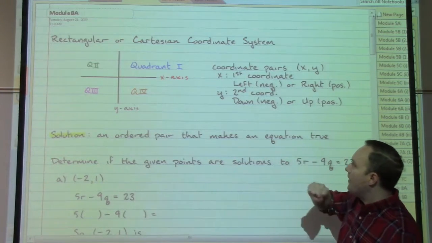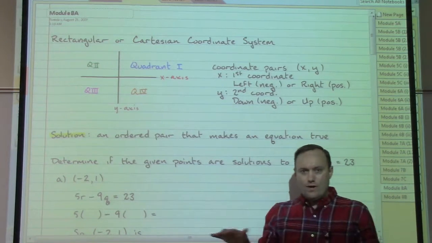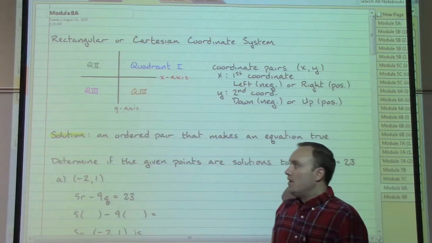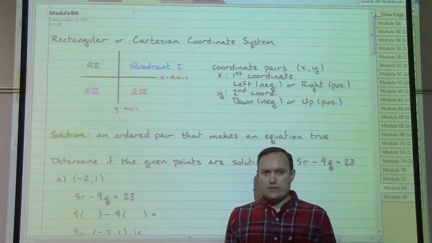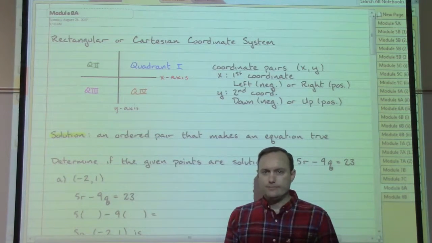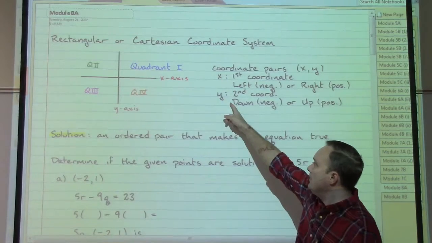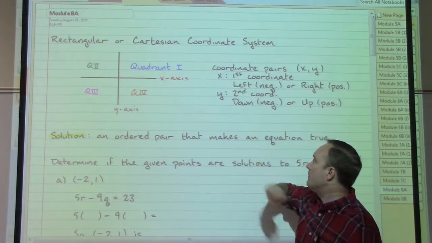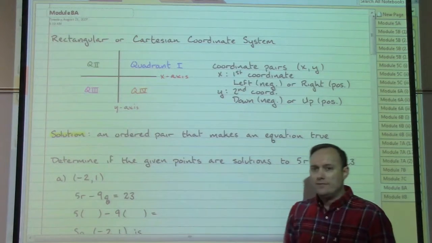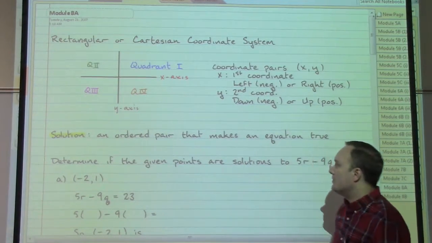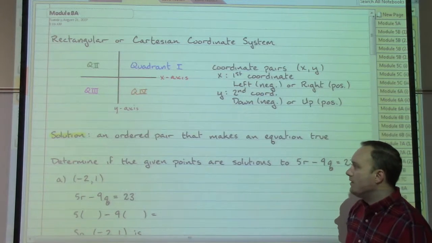So we've got for our x, or whatever variable we have to represent that horizontal, the normal sort of situation, go to the right, positive, go to the left, negative. Throw in the new y, or whatever that label might be, depending on the problem. That second coordinate, negative and positive. So down is negative, up is positive.